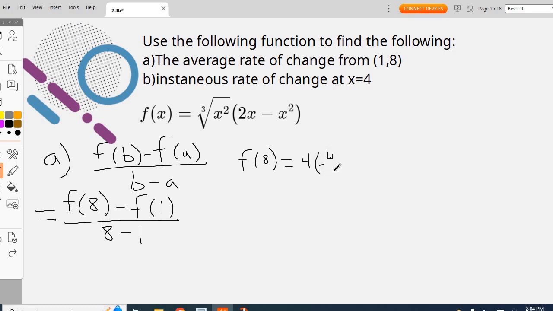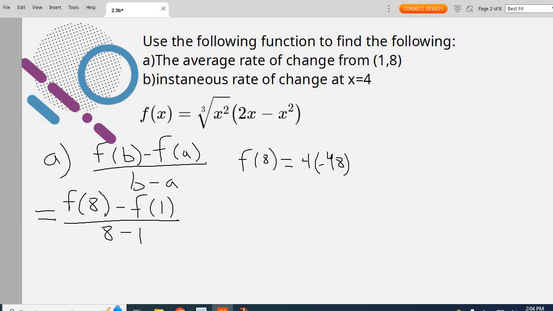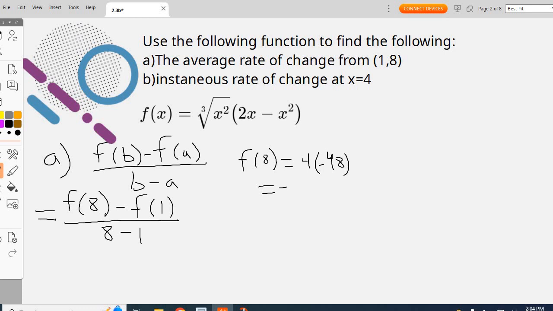Negative 48, times 4 gives us negative 192. And then what about F of 1? This is just going to be 1 times 2 minus 1, which is also 1, so we get 1. We like that one a little bit more.